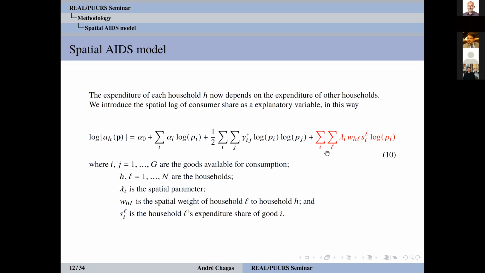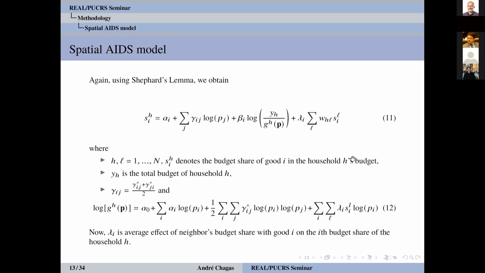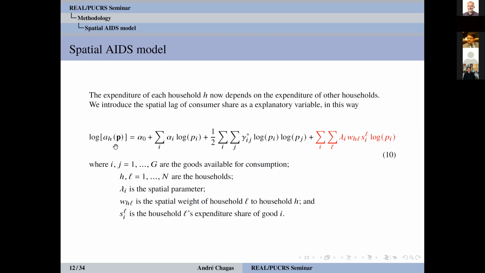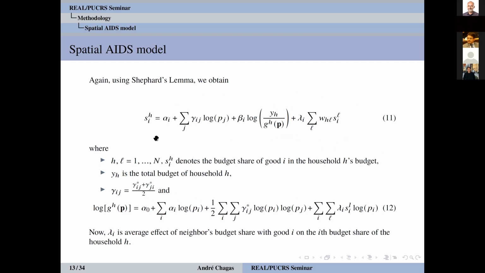And if you put this additional part in the part A of the utility, and again using Shephard lemma, we can show that the new share of consumption function becomes this. And the difference of this from the traditional is the spatial autocorrelated part, like here.